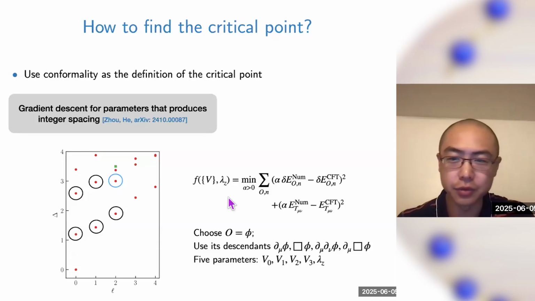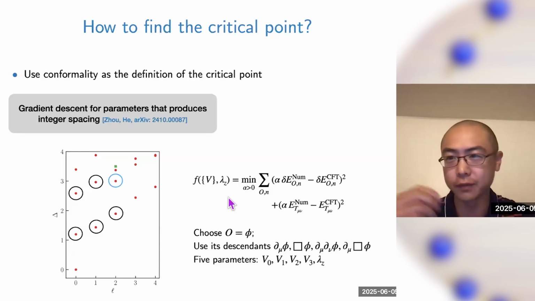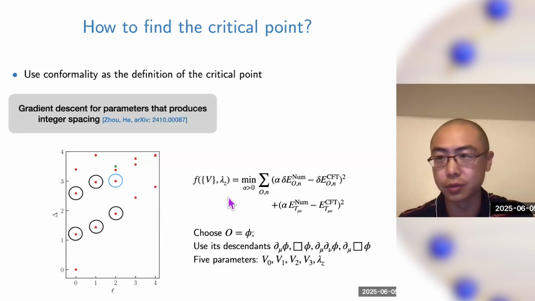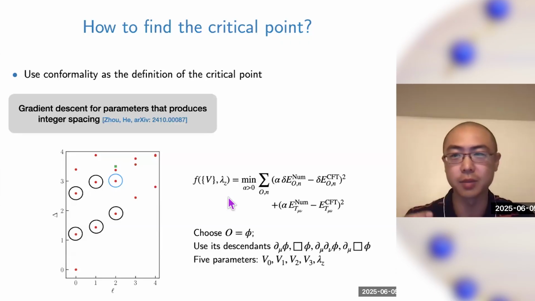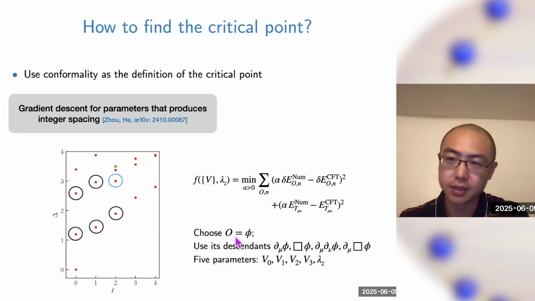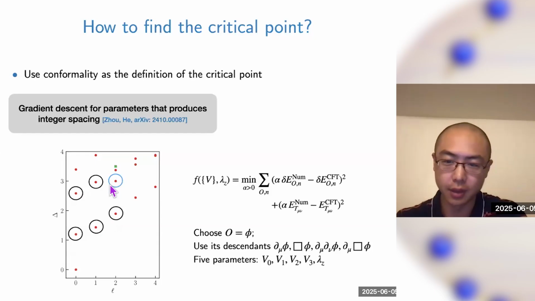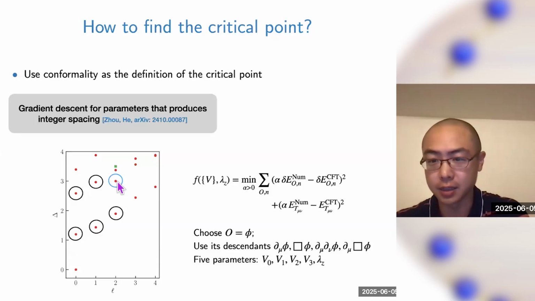How many states you want to choose you have to test in the numerics, and how many parameters you have to fine-tune is also something you have to test in the numerics. In practice, we find it seems to be enough to just work with these five states. We consider the conformal family of phi and four of its descendants, and we also choose this state that corresponds to the stress tensor.